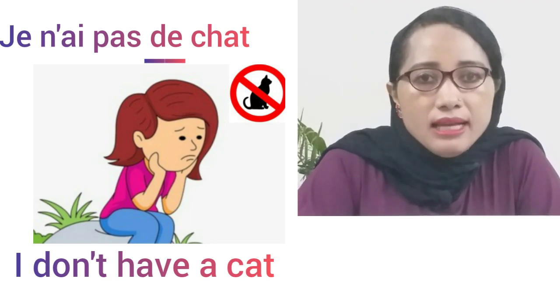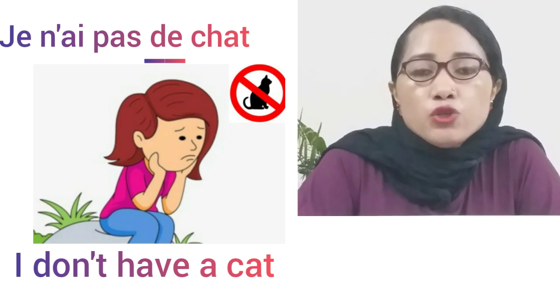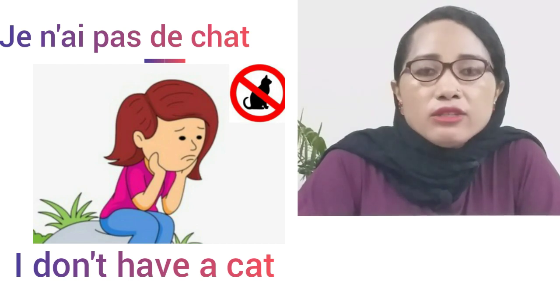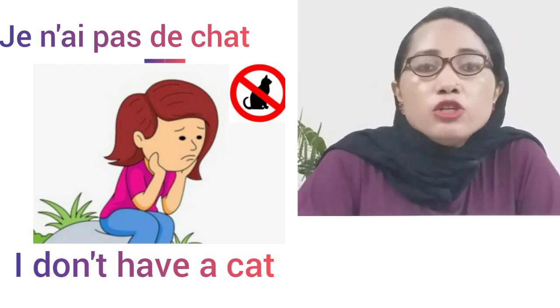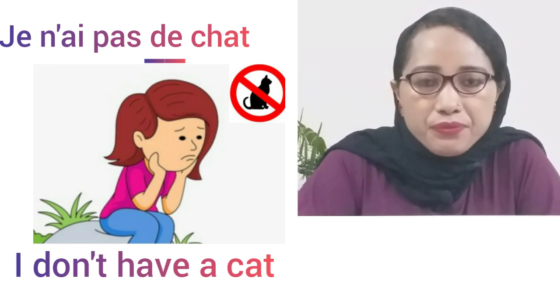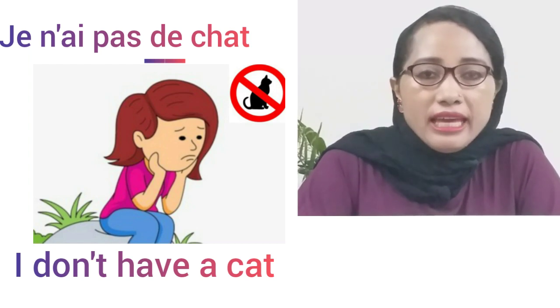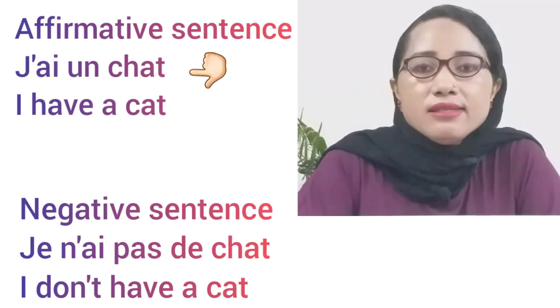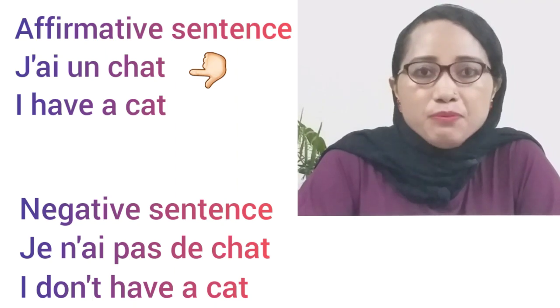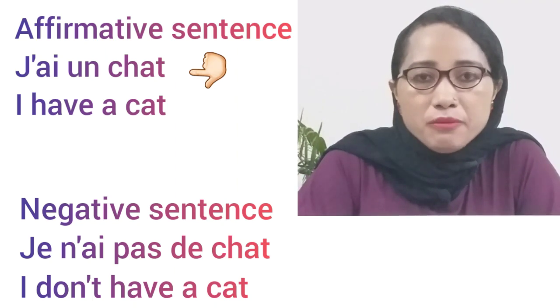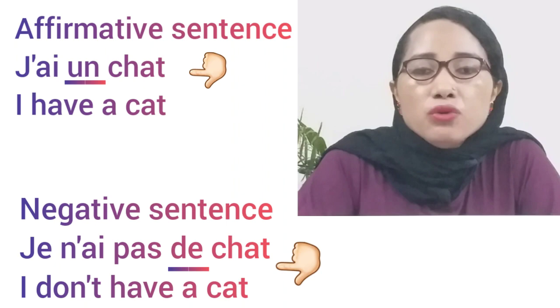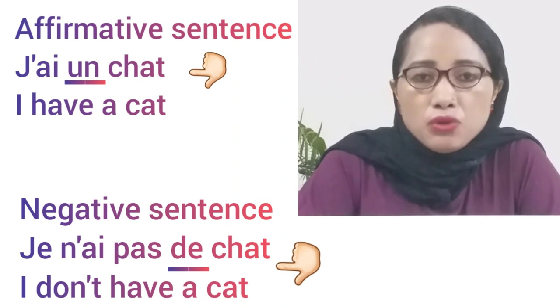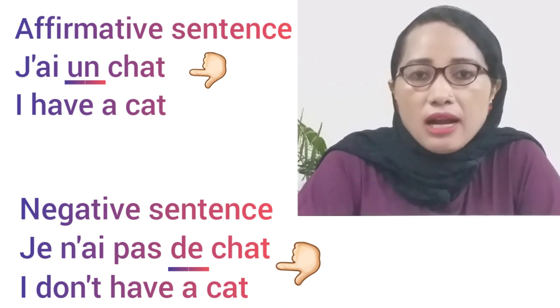Je n'ai pas de chat. I don't have a cat. I repeat again: j'ai un chat, which means I have a cat. And when you change it into negative form, you say je n'ai pas de chat. Un becomes de.